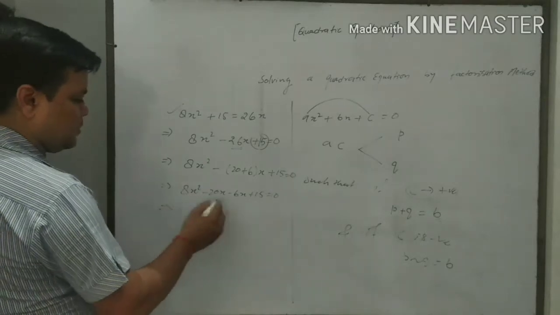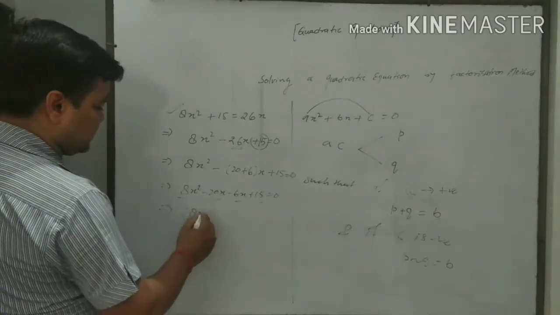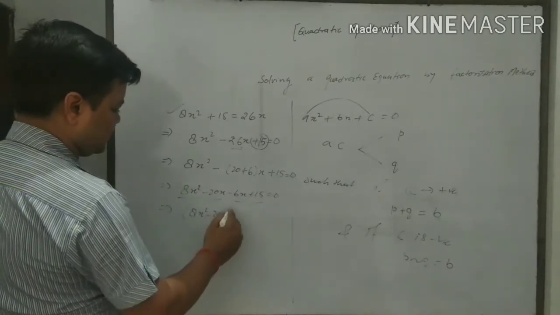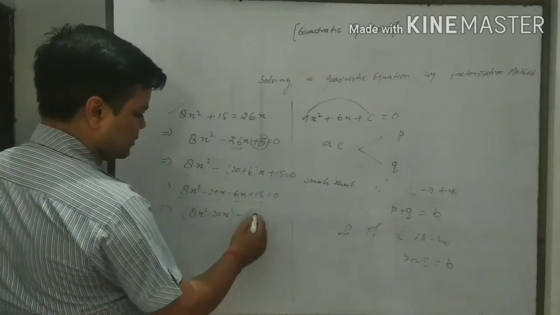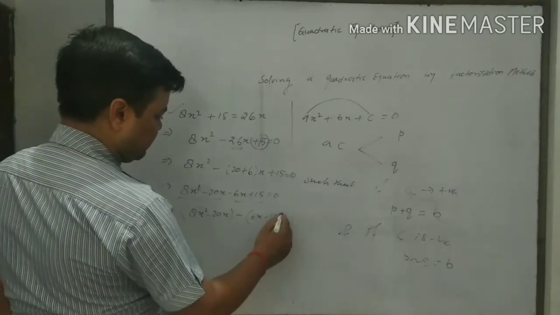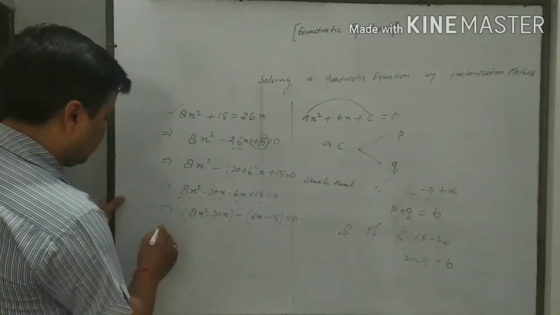This implies that, make it in groups, here this and this, and it will be 8x square minus 20x. Here, minus taken outside, then the sign will be changed. It will be 6x minus 15 equal to 0. Getting it? What is common here?